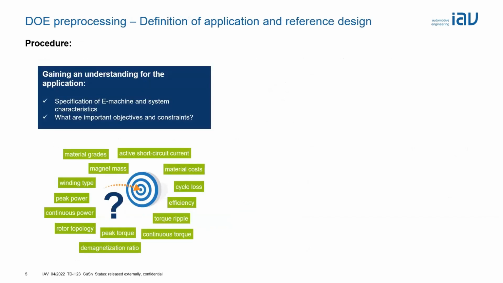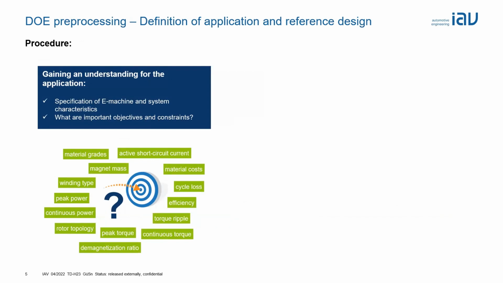So the first step within the DOE process deals with the definition of the application and the reference design. It is very important to gain an understanding of the application based on the specification for the e-machine and the system.